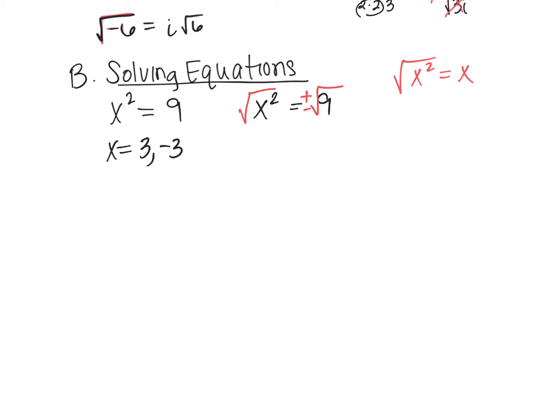It's both positive square root of 9 and negative square root of 9. And our answer comes out x equals plus or minus 3, which means the same thing as writing them as 2 separate numbers, but mathematicians like to be more concise.